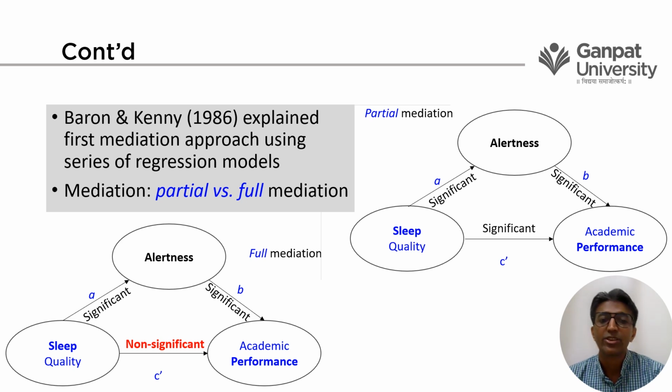So there is no direct effect, but only the indirect effect is significant. From sleep quality to alertness is significant, and from alertness to academic performance, while the direct effect is non-significant. In case all these three relationships, from sleep quality to alertness, from alertness to academic performance, and also the direct effect, are significant, it is considered as partial mediation.